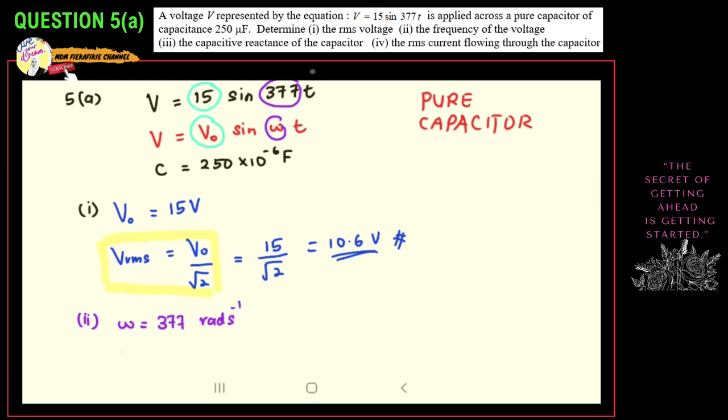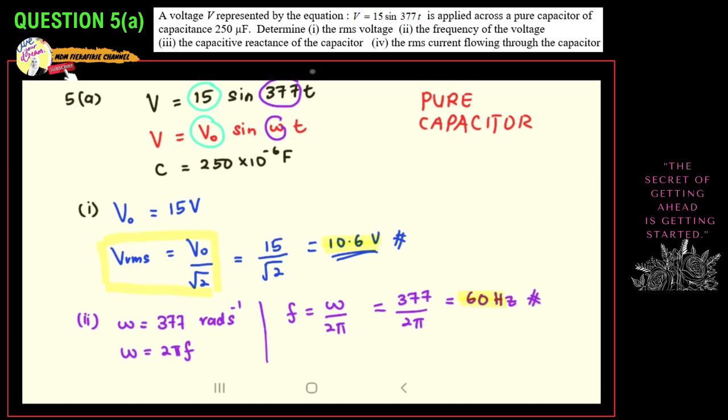Remember equation of omega is equal to 2 pi f. Therefore f is equal to omega over 2 pi, and 377 over 2 pi is equal to 60 Hertz. So finish question A2.